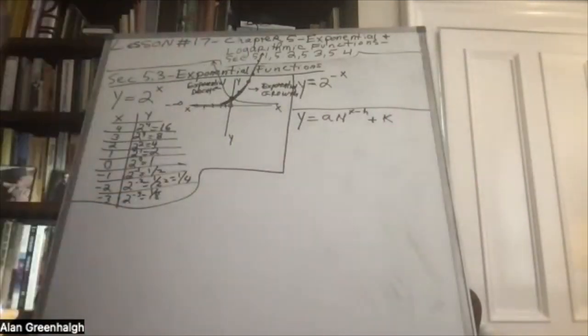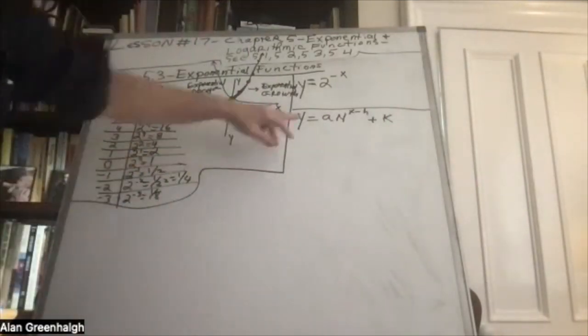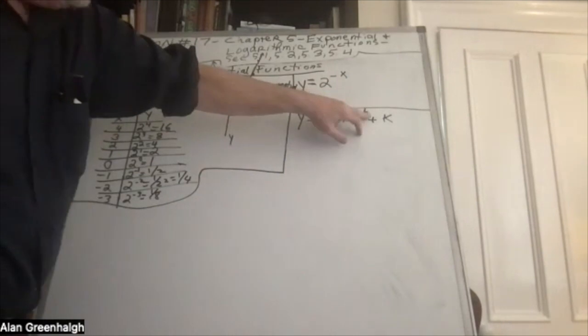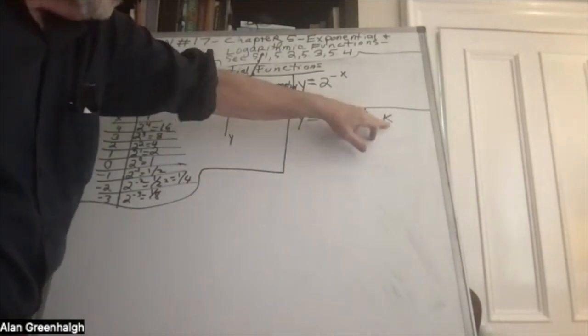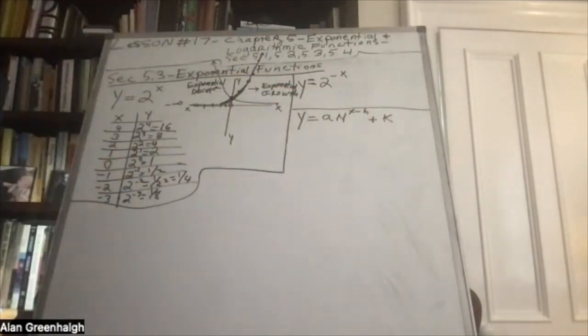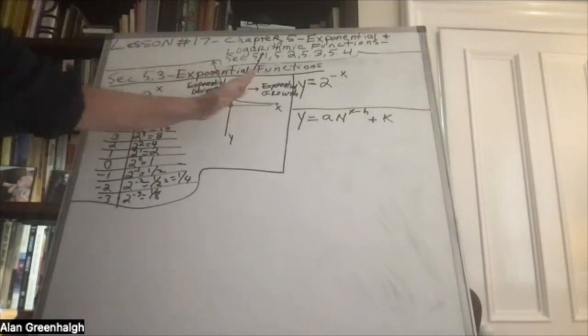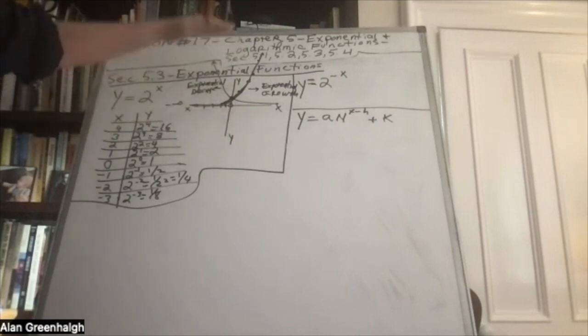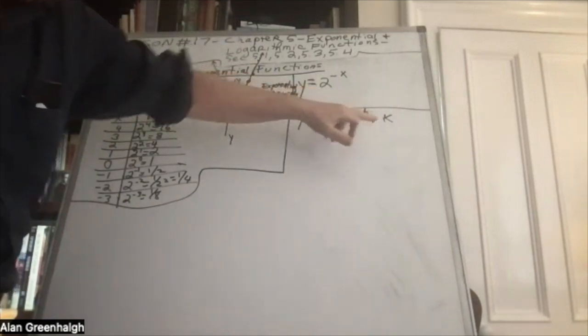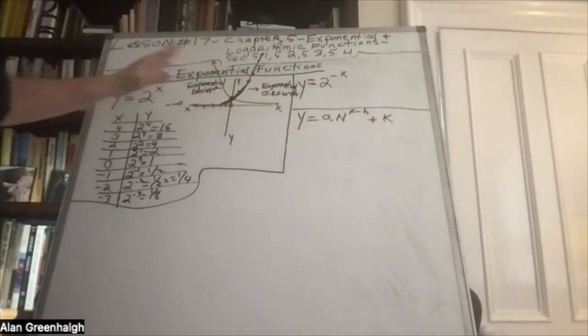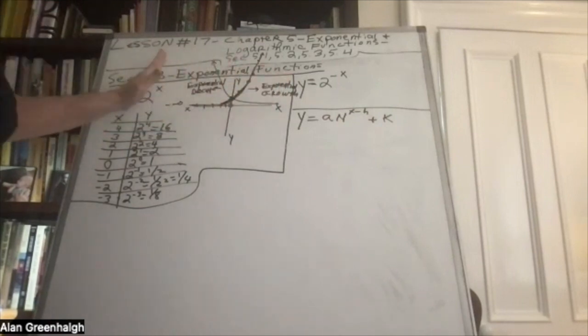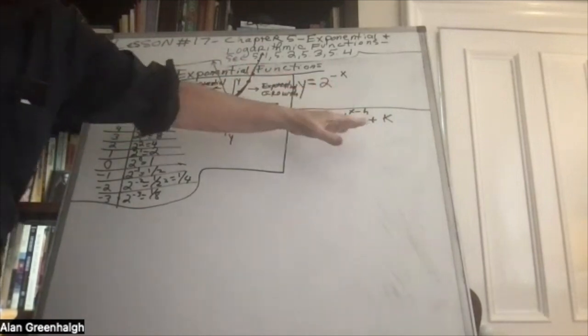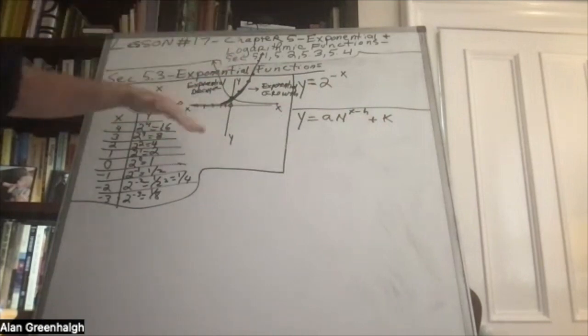So there it is back again. You know, the a, the h, the k. Whether we move it left or right or up and down will be dependent upon the h and the k. The h will tell us how far we move it to the left and the right. The k will tell us how far we move it up and down.